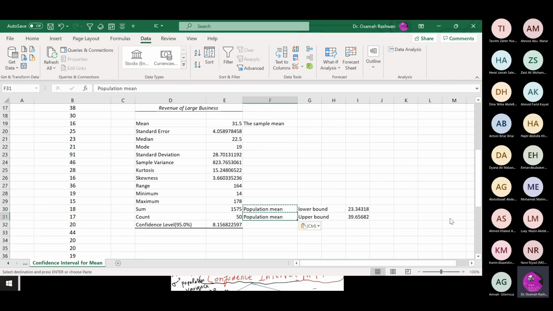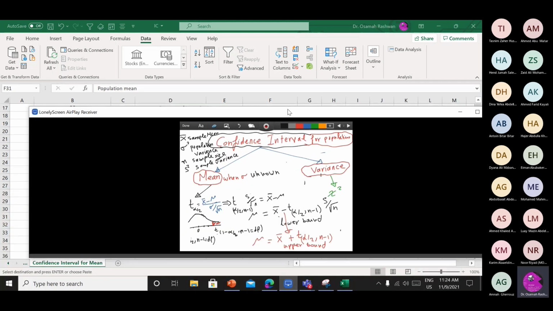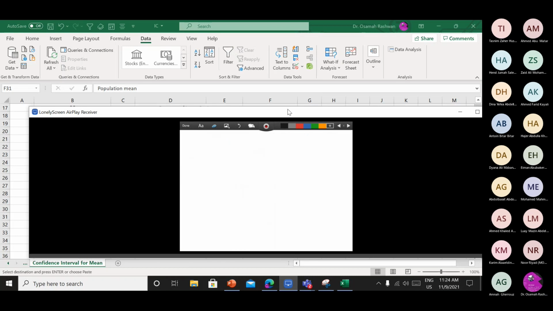Let's do it by hand, because in the final exam I have to do it by hand, right? So what I'm going to do, I have a sample with n. What is n in this question? What is the sample size?